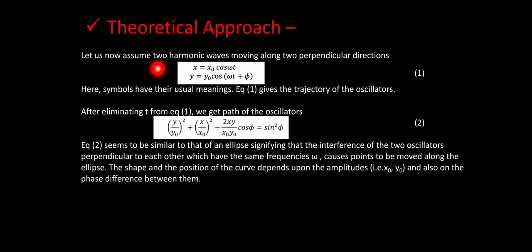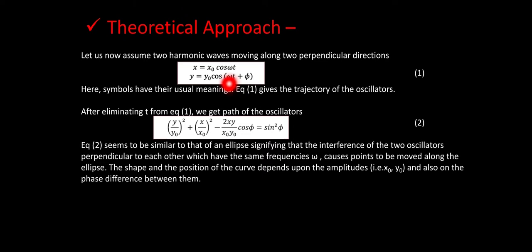Theoretical approach. Let us assume that two harmonic waves moving in two perpendicular directions are given by these equations, Equation 1. In this equation, the amplitudes of both waves are different, but the frequency is the same. These waves have a phase difference phi.